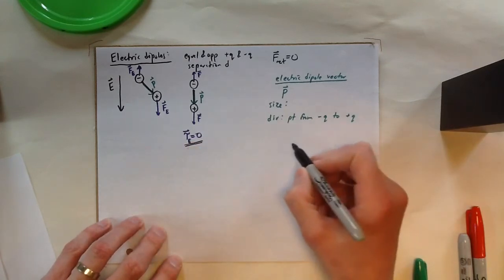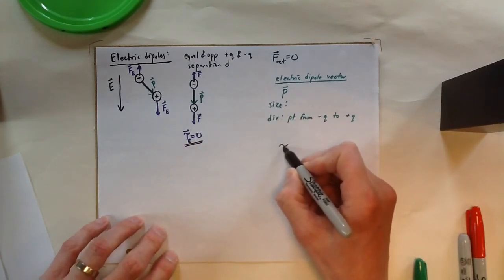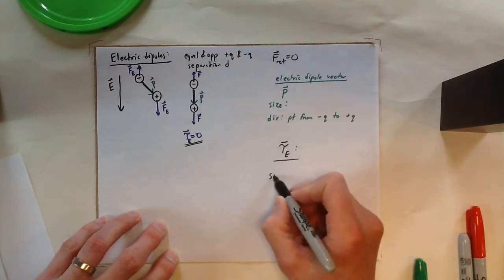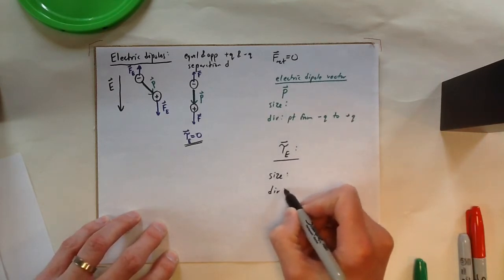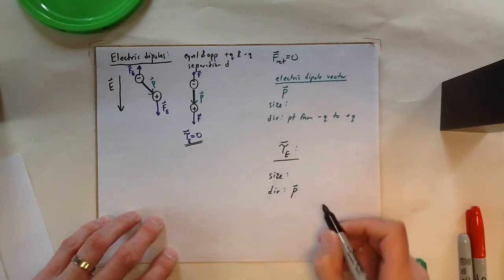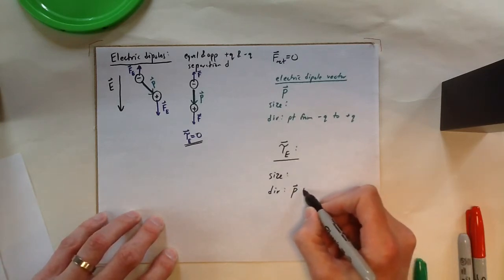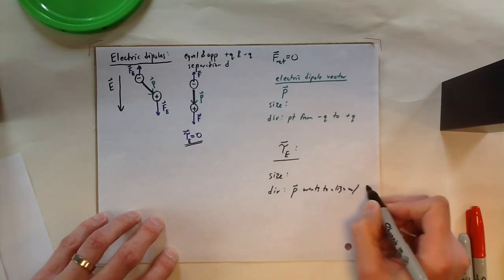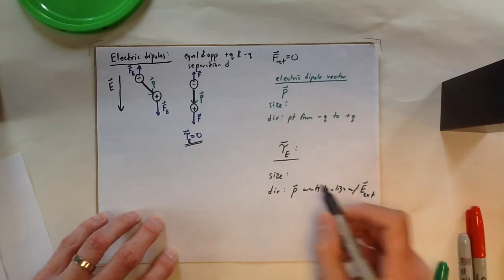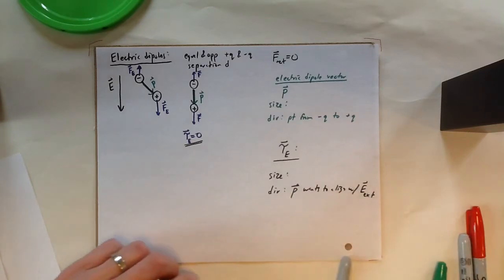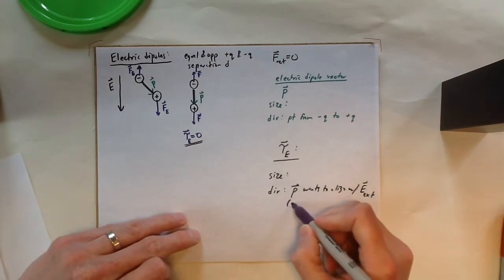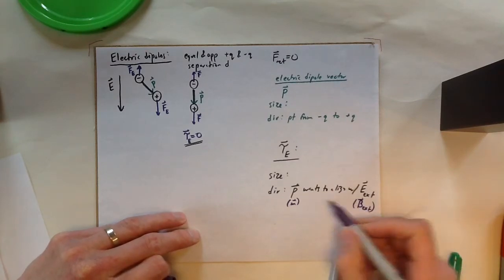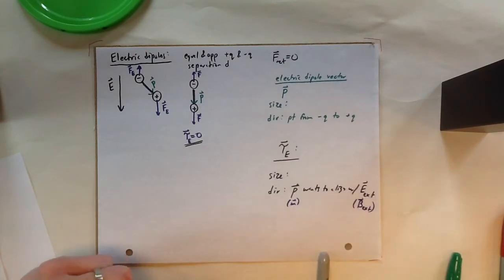So the electric torque on this is going to be, the direction is going to be that the electric dipole experiences a torque that makes it want to align with E external. Just like before, the magnetic dipole wants to align with B external. Now our electric dipole wants to align with E external.